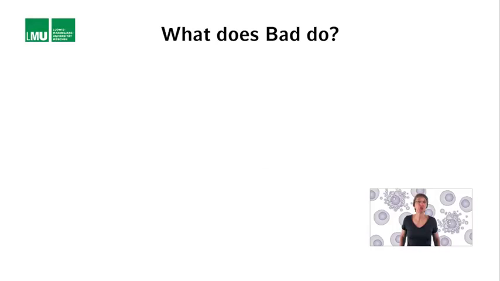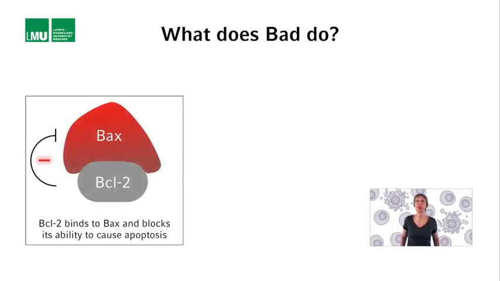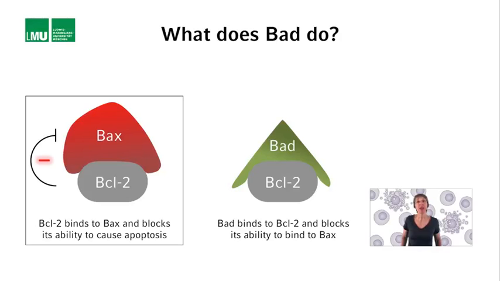What does BAD do? Remember, I told you that the anti-apoptotic BCL2 protein binds to the pro-apoptotic Bax protein and thereby antagonizes or blocks the ability of Bax to cause apoptosis. What BAD turns out to do is to bind to BCL2, thereby antagonizing BCL2's ability to bind to Bax.